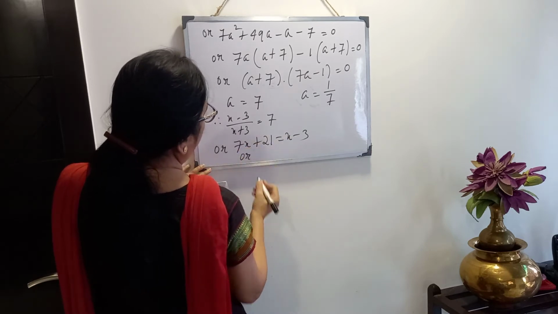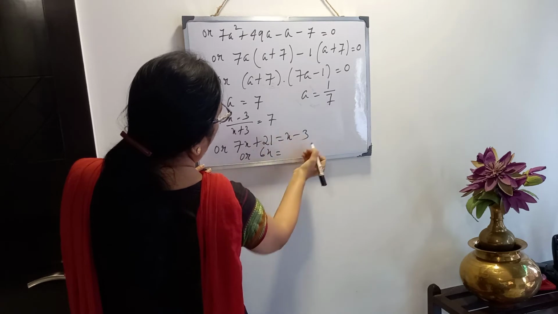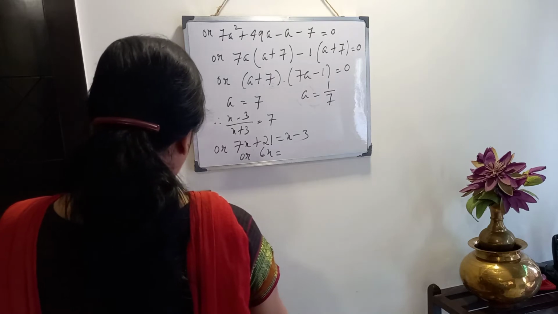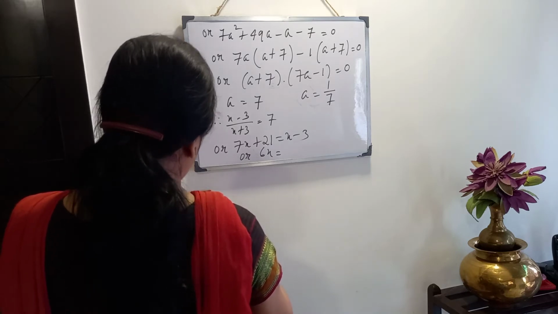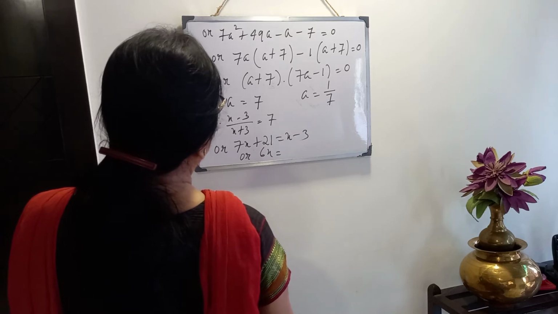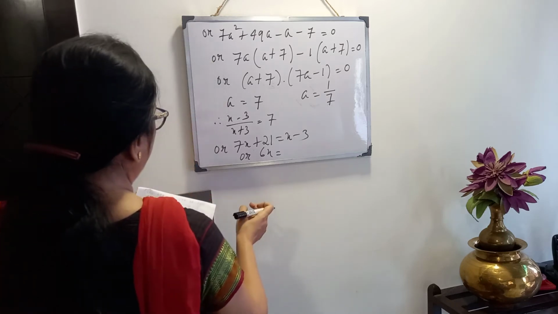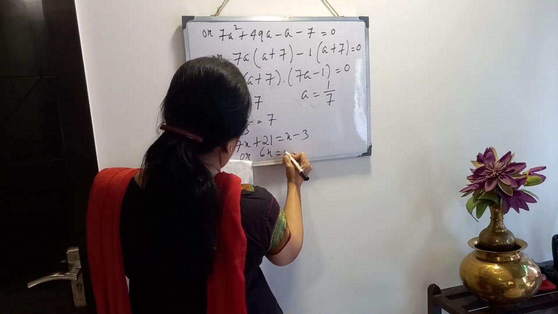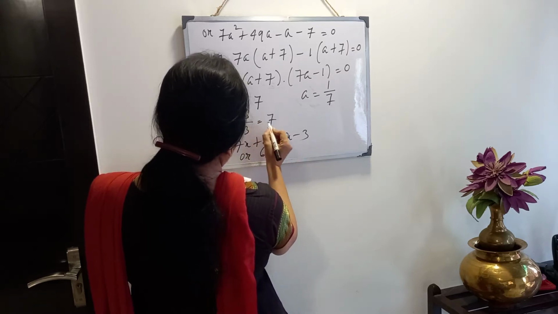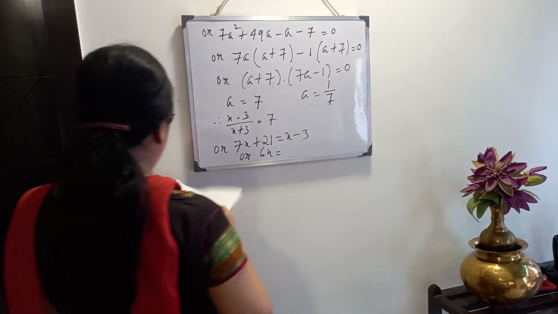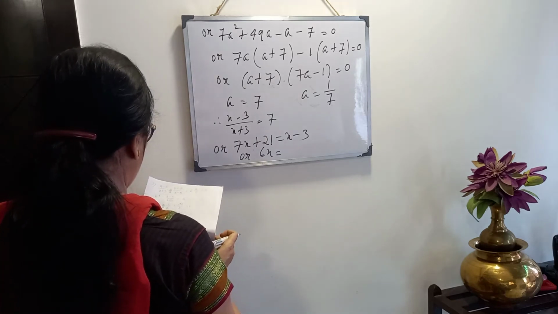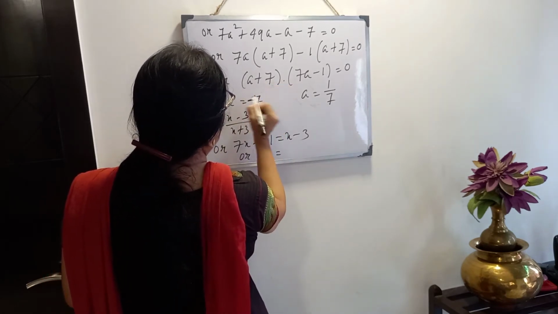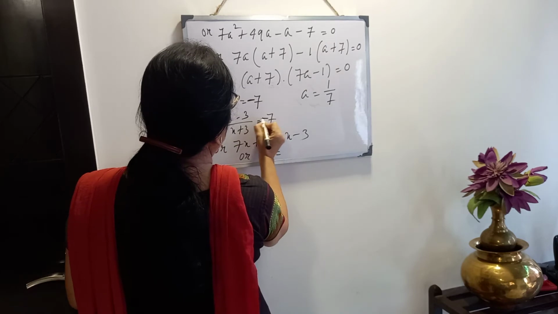We had considered x minus 3 by x plus 3. Okay, a equals to not 7, a equals to minus 7, and there is a equals to 1 by 7, okay, minus 7.